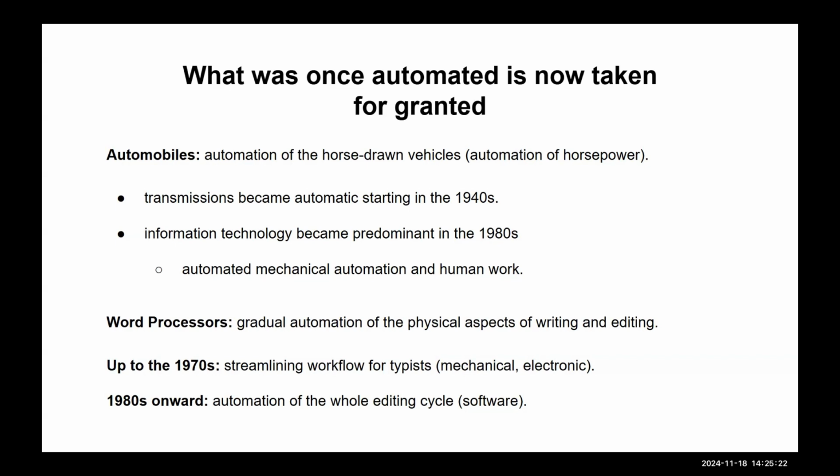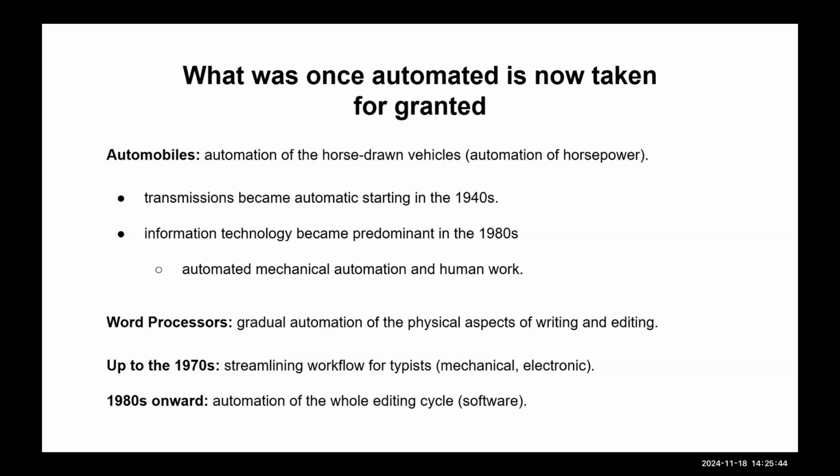Automobiles were the automation of the horse-drawn vehicles of the 19th century. We have a term, horsepower, which goes back to the 19th century. Horses and other pack animals were used to draw vehicles, and this was the power source. They weren't very efficient, and were really dirty and dangerous.